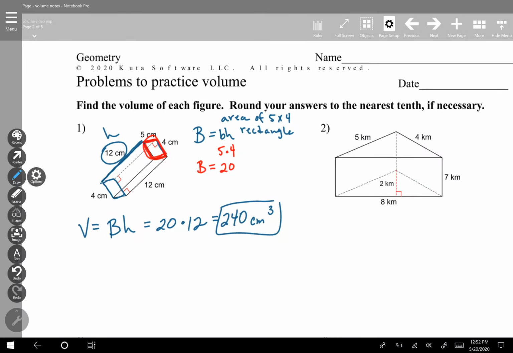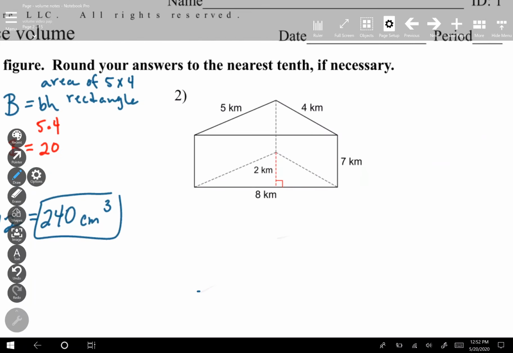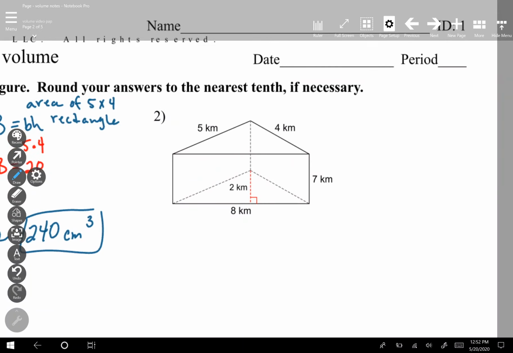Alright, next thing you have here is a triangular prism. Okay, it's a triangular prism, so what shape does our base have to be? A triangle. So we can see here there's a triangle up here, and the matching one down here.